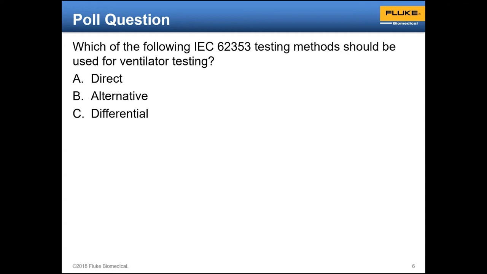I don't care which one, the one you're most familiar with, and think about the questions that we need to ask ourselves in the decision tree in the standard about which test method. We know that most ventilators, as a matter of fact, every one that I know that is electrically powered has an on-off switch. That means that we would not use one of these test methods.